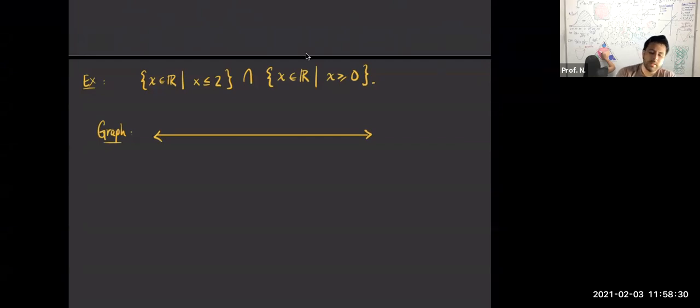Treat these two things as different sets for now. What does set A indicate? Everything less than or equal to 2, so I'm going to use a closed circle and shade.